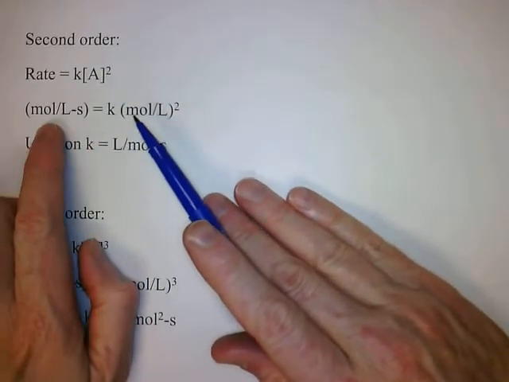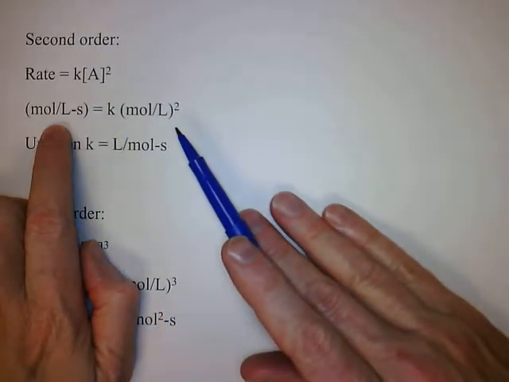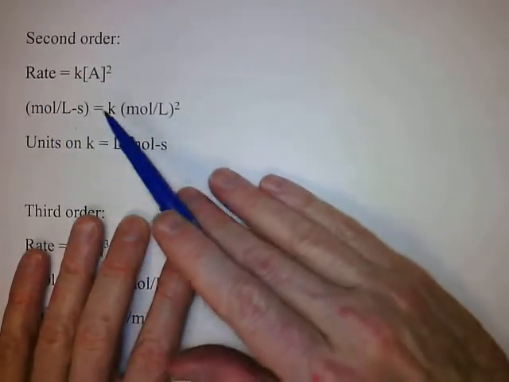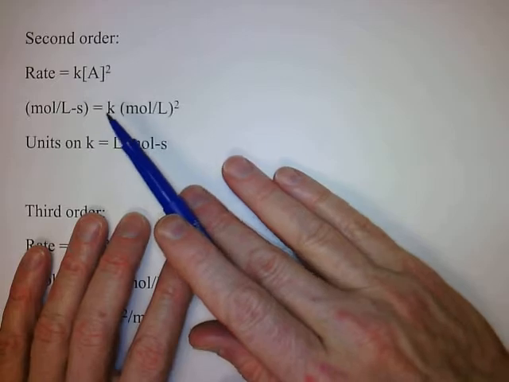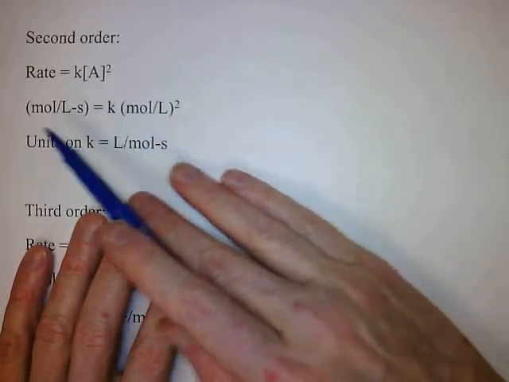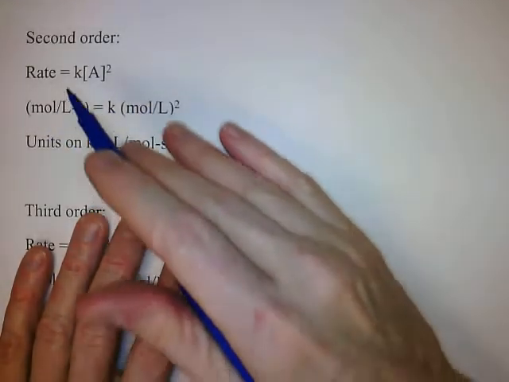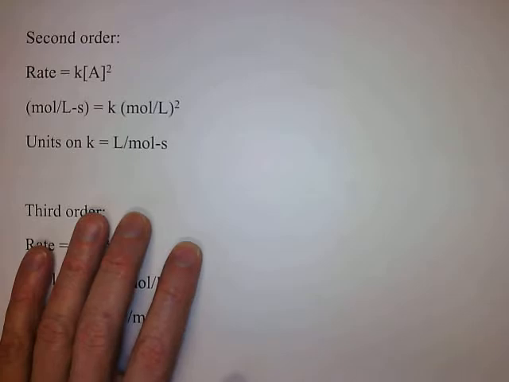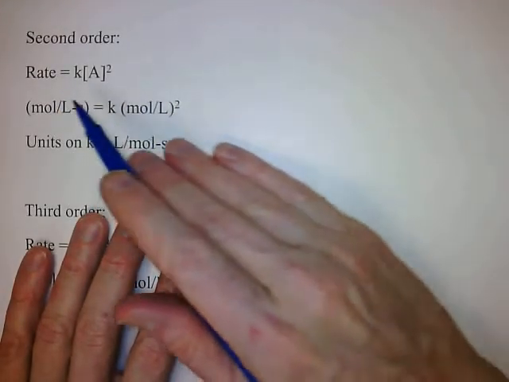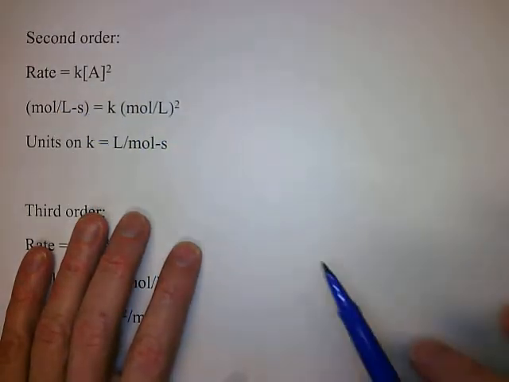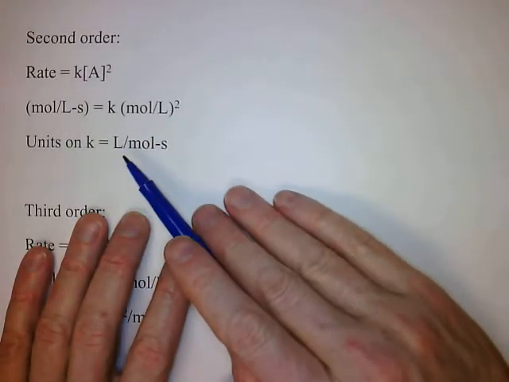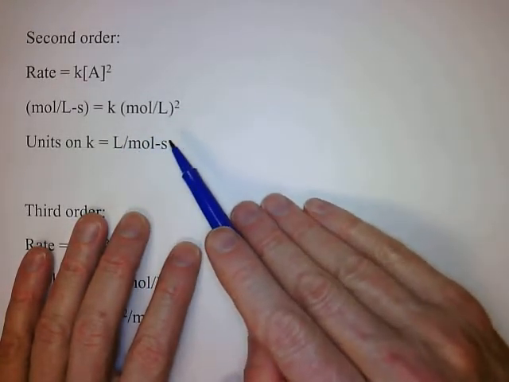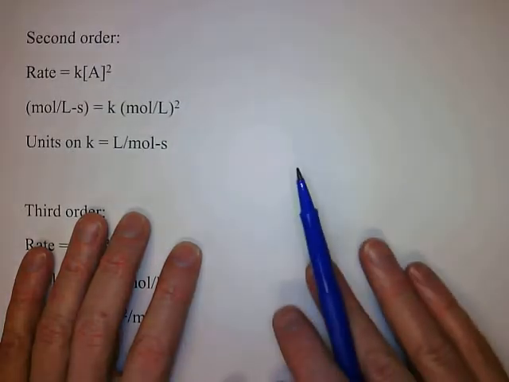So the moles and the liters don't all cancel each other out. We look at the units on k after we cancel as many units as we can, to make the units the same on both sides. So the units on k work out to be liters per mole per second.